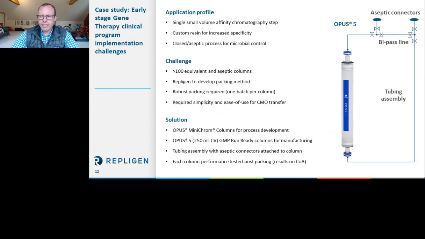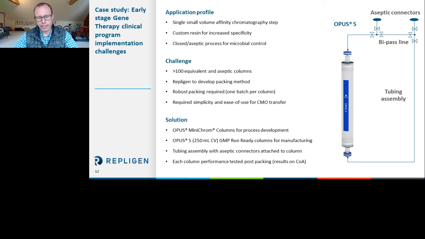Just a case study here. This is an ongoing application and customer that we work with. They came to us originally a few years back with this application profile: one single small volume affinity chromatography step, just one capture step.